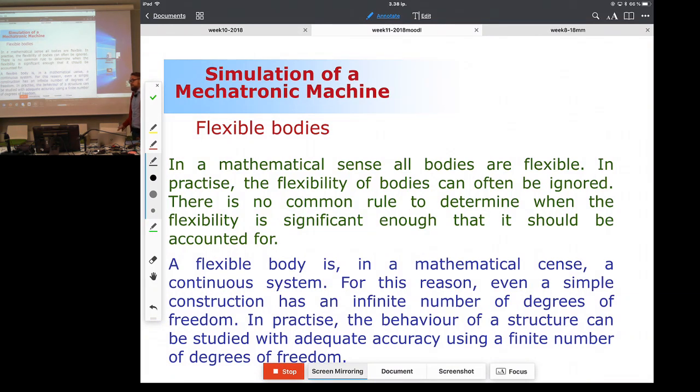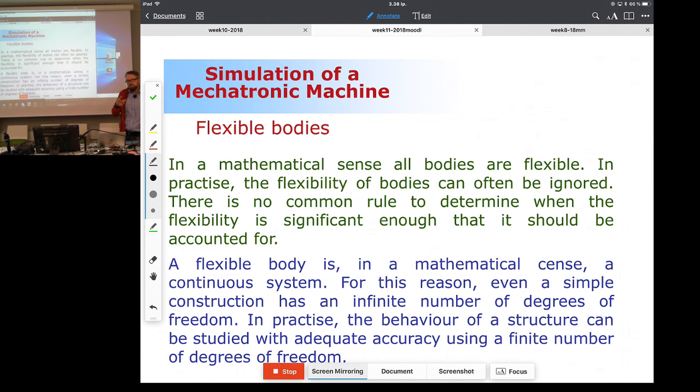Now, all bodies are flexible in reality. There is no such thing as rigid bodies, because there is always a certain amount of deformation. But when the deformation is so significant that it's actually affecting the dynamic performance, that is a little hard to define.